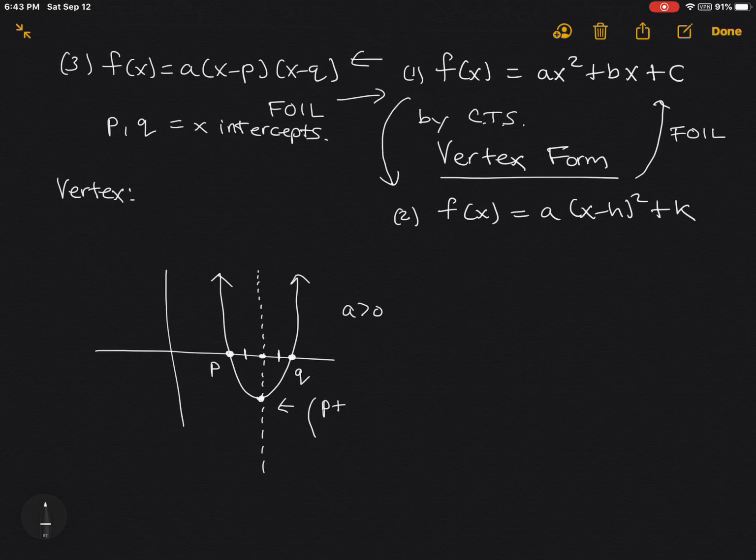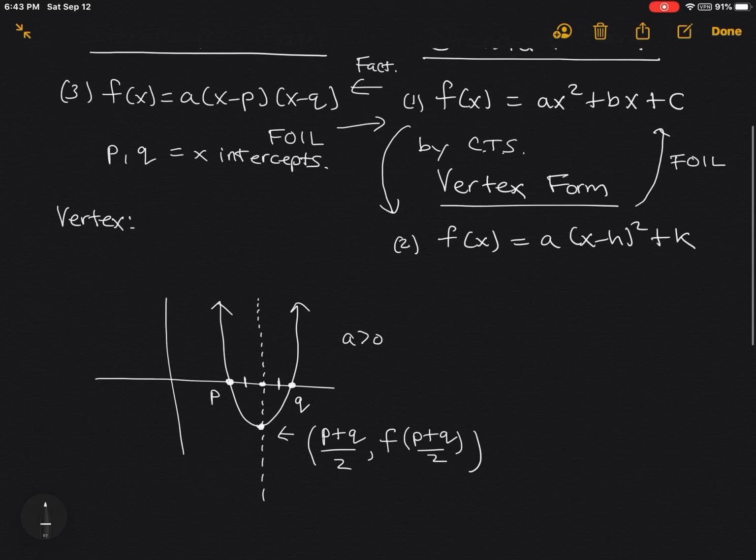If this is just the middle, then the vertex right here is just p plus q divided by 2. That's your midpoint, right? And to get the y value, you plug it back into your function, f of p plus q over 2. All right, so that's the vertex formula for a function in intercept form. Why? Because this x-coordinate is just the midpoint between p and q.